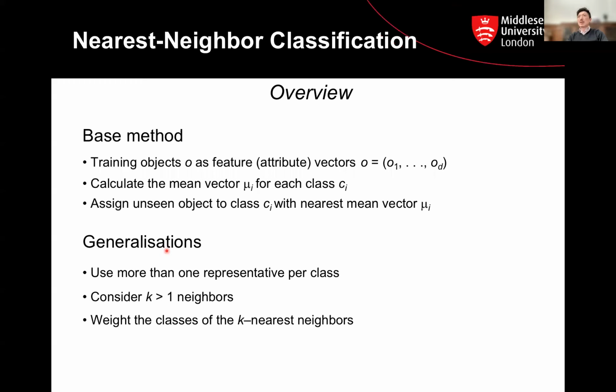Okay, and this is another type of classification, which is called nearest neighbor classification. It treats each data point as a feature vector. Essentially each row has multiple attributes, and you can treat this as points in a high dimensional space, with each attribute being a dimension.